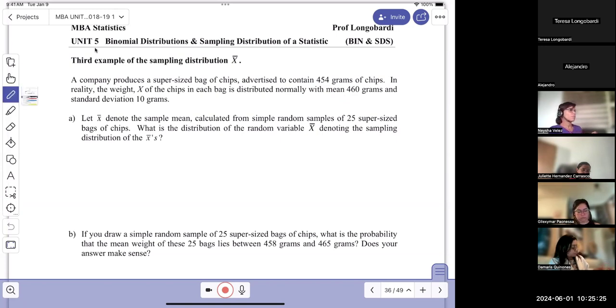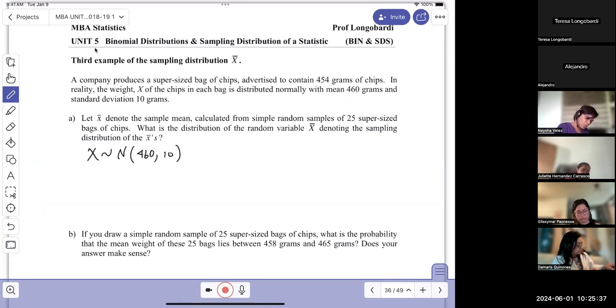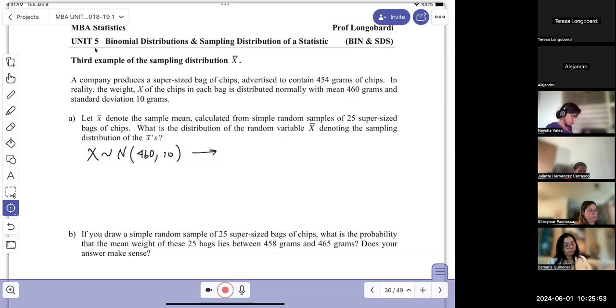Okay, so you're told that you begin with a variable x that is normally distributed with a mean of 460 and a standard deviation of 10. Then you take a sample. That's what it says here. So consider the sample mean with a random sample of 25 supersized bags.